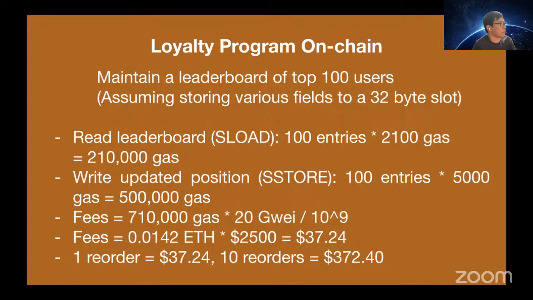So just imagine, one reordering of the whole leaderboard costs about $37, and doing 10 reorders is about $372. Of course, this is a very simplified case, but it's really hard to create a loyalty program on chain. So Brevis really helps us for this particular use case.